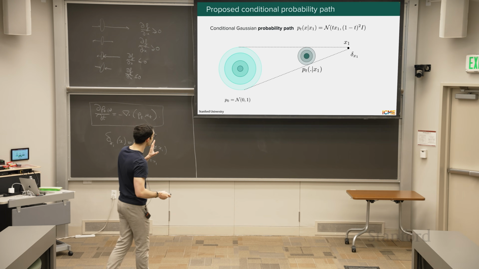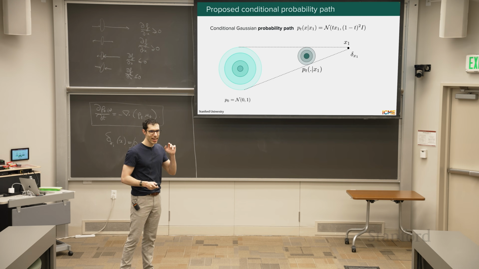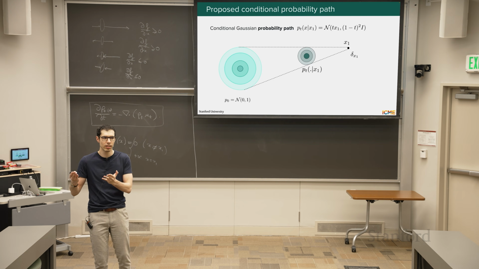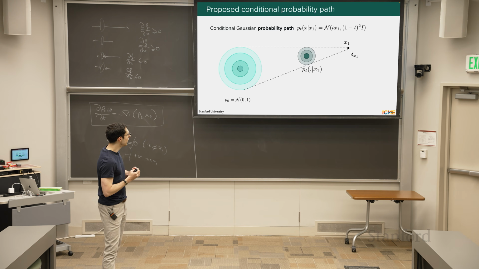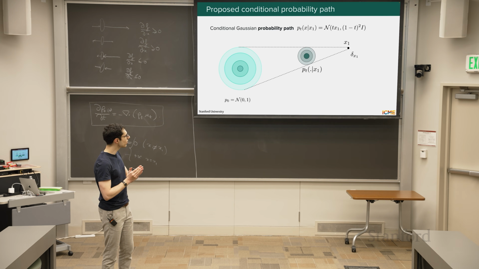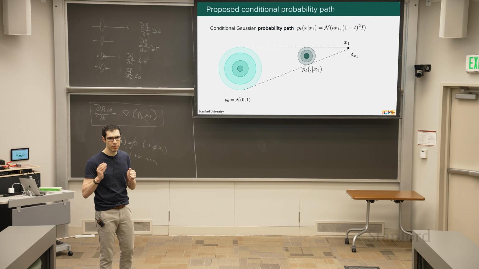So here, p_t, so we say x given x1 because it's a conditional probability path. It's like given we're arriving at x1 at time t equal 1. It will be given by a mean of t x1 and a variance of (1 minus t) squared times identity.